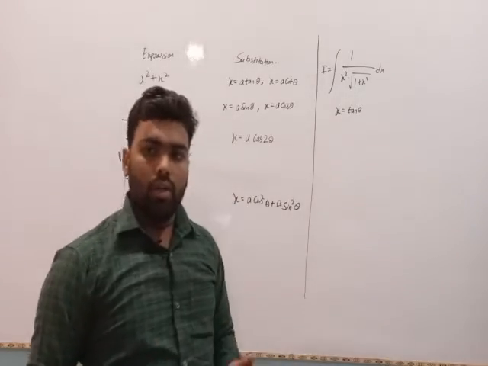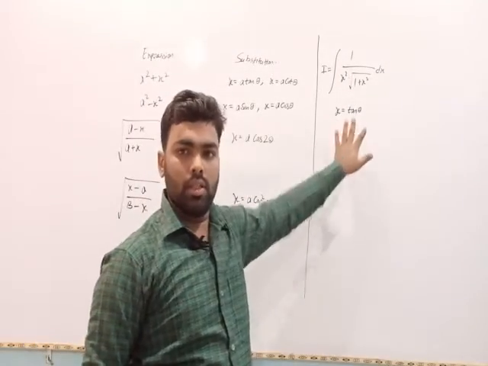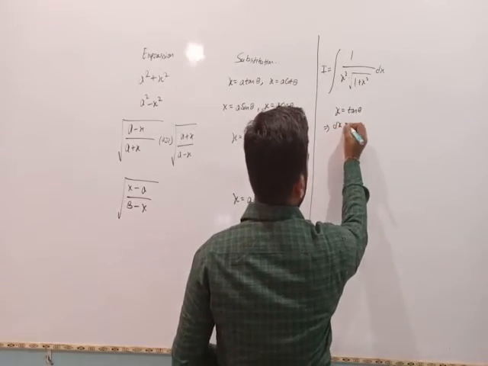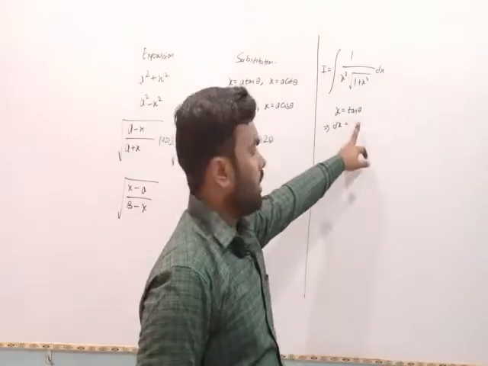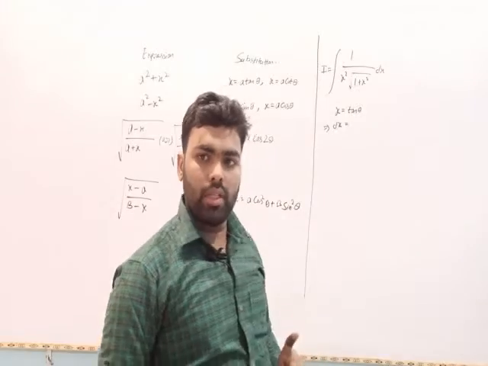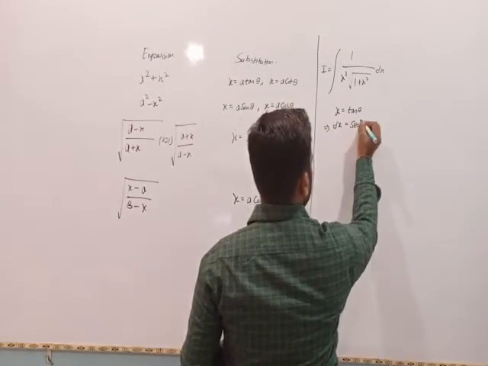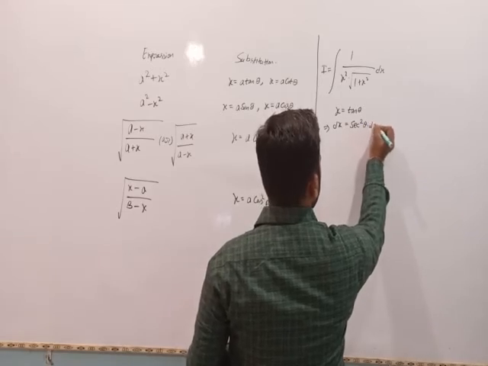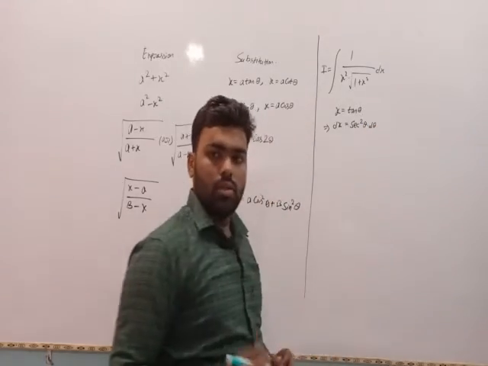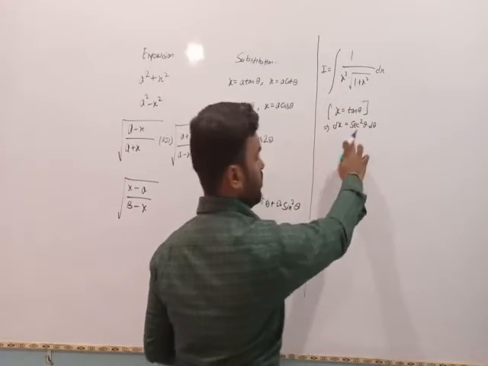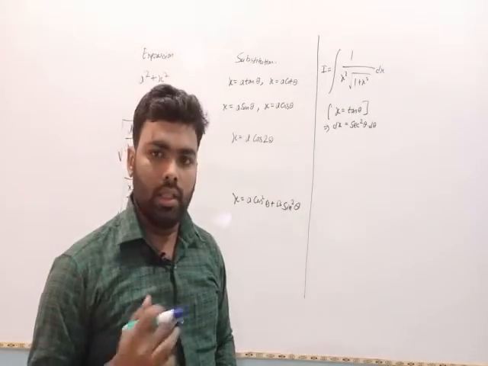Now if we differentiate this, what will it become? It will become dx equal to the differential of tan theta, which is sec square theta, so dx equals sec square theta into d theta. So now we have x equal to tan theta and dx equal to sec square theta d theta.